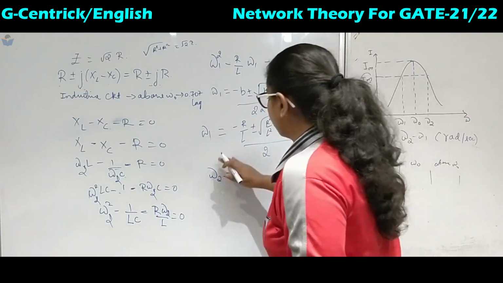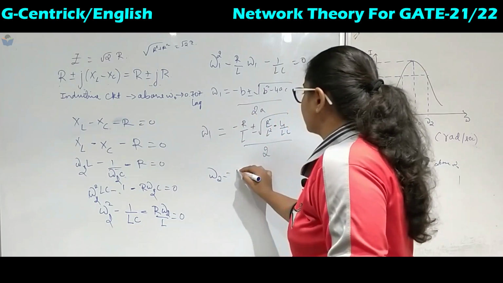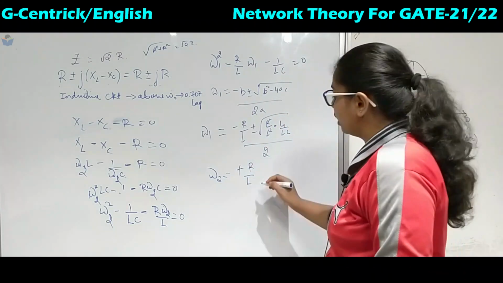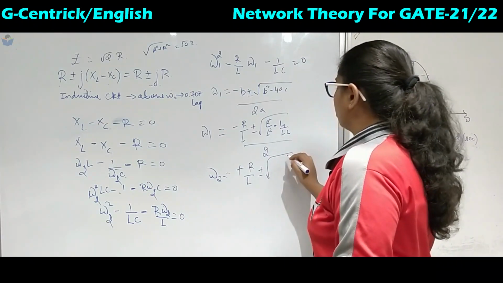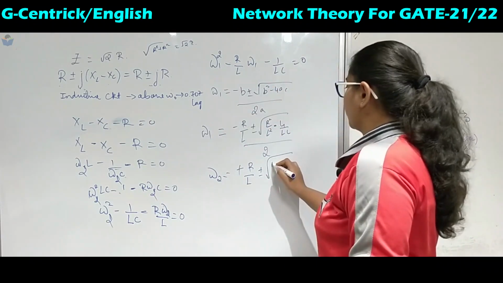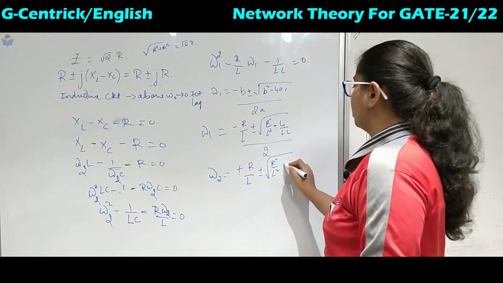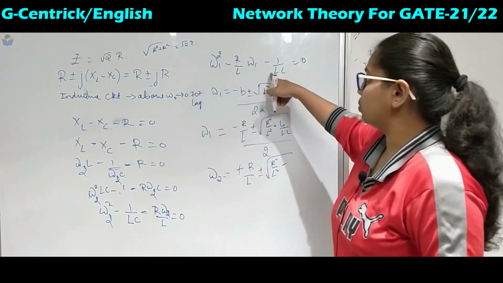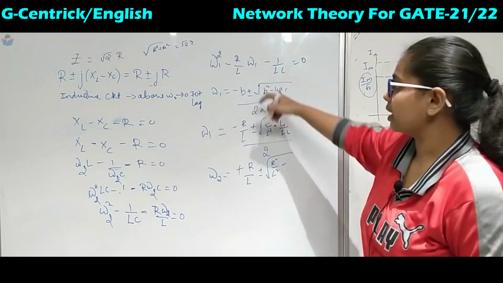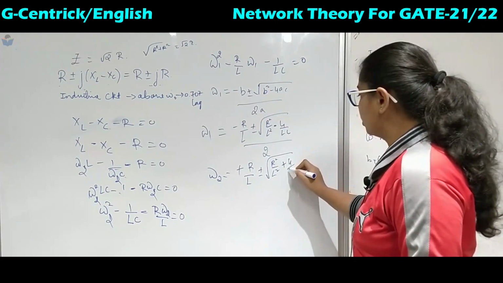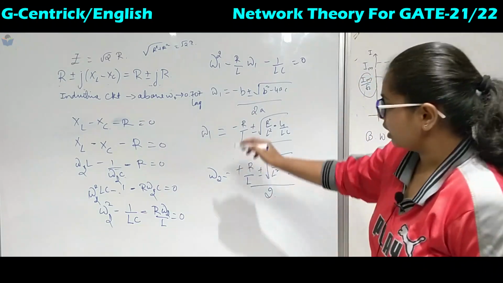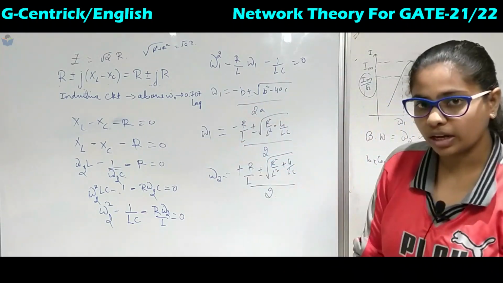Now omega 2 will be, minus into minus will become plus R by L, plus minus root of B square, which is R square by L square, minus 4 into A into C. Again C is minus, so it will be plus 4 by LC, upon 2. So these are the equations for omega 1 and omega 2.